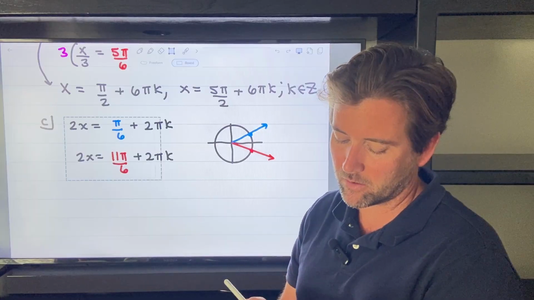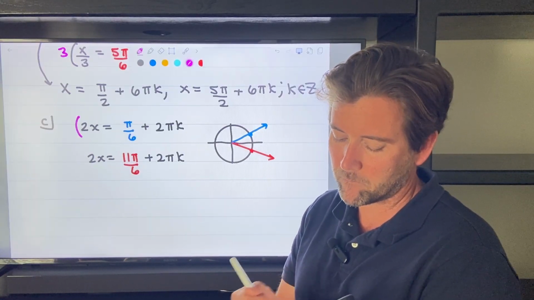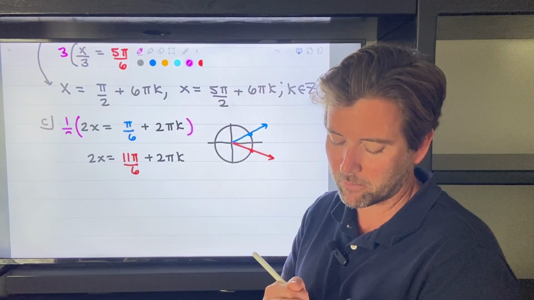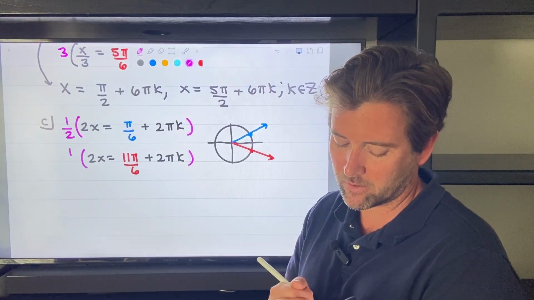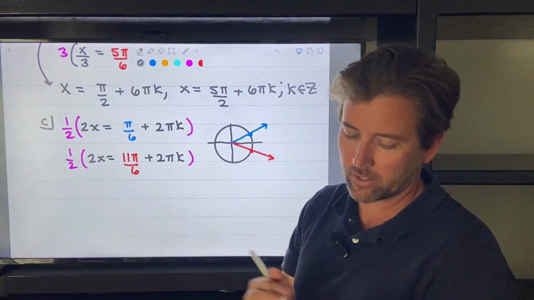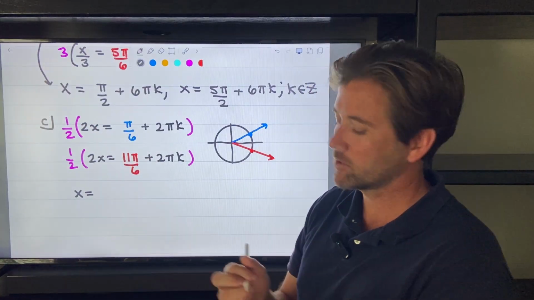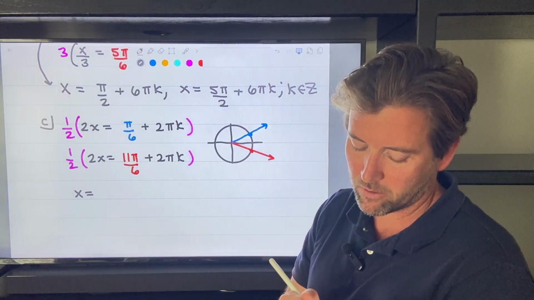So we can divide each side of the equation by 2, which is the same thing as multiplying both sides by a half. So a half times 2x is 1x. 1/2 times pi over 6 is pi over 12.